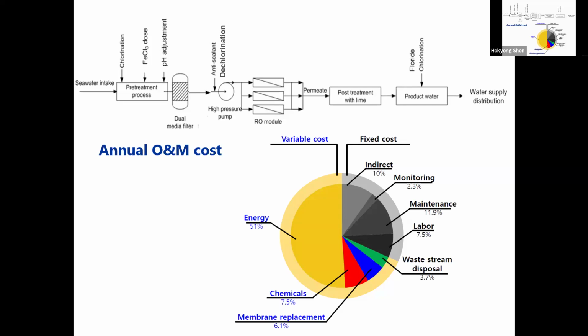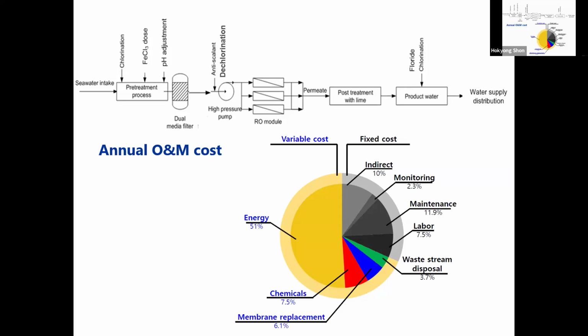So it's more about renewable energy. But still, energy cost is very, very high, more than 50% in desalination. So if you think about how to save energy cost in the desalination plant, you can contribute a lot to the overall economics of seawater desalination.